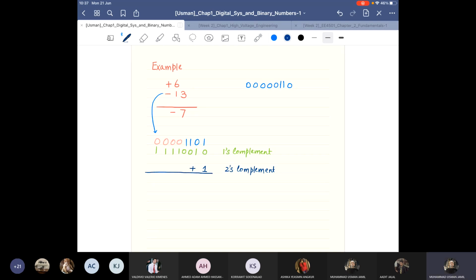So when you add 1, your number is now 0 plus 1 is 1, then 1, then 0, then 0, then 1, 1, 1, and 1. Okay, so this is our two's complement, and this is the number 13 now.